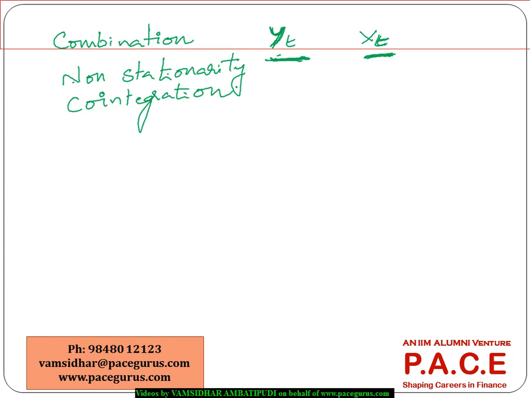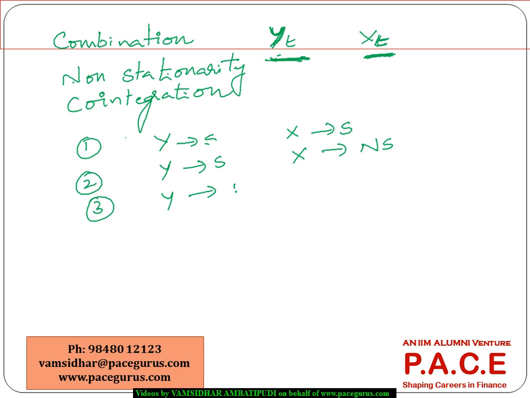So basically we are talking about the various scenarios like both of them stationary, y is stationary, x is also stationary, or it could be very much possible that y is stationary but x is non-stationary, or it can so happen that y is non-stationary whereas x is stationary, and it may so happen that both x and y, both of them are non-stationary.